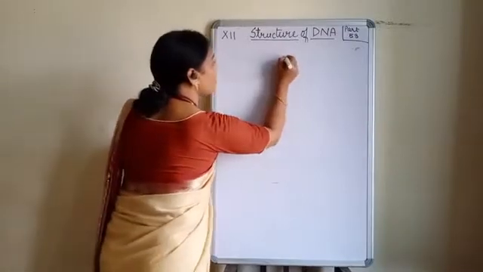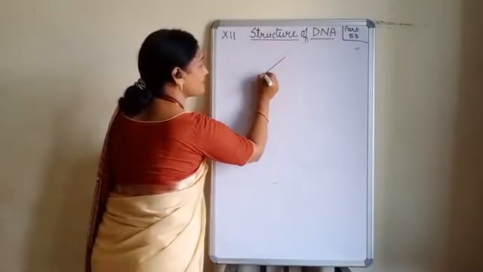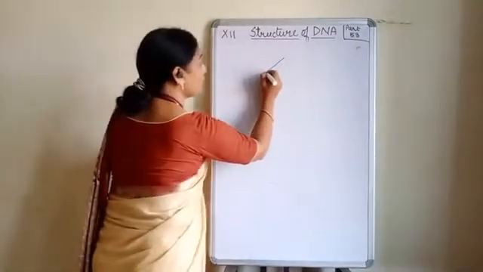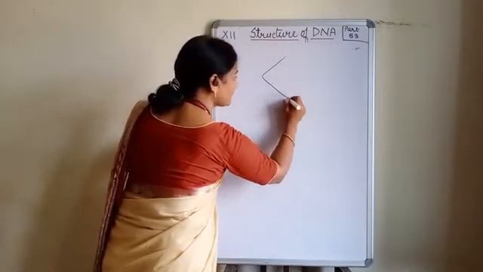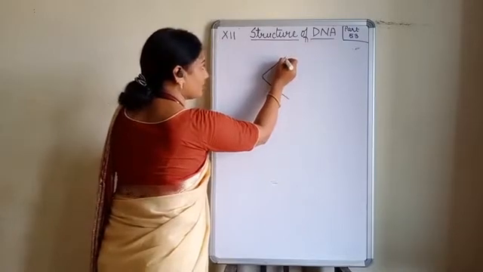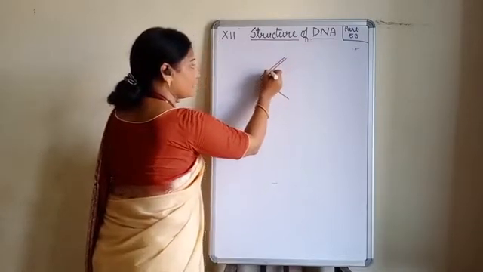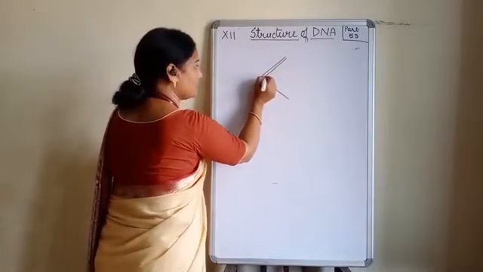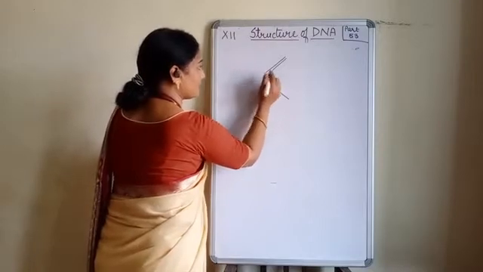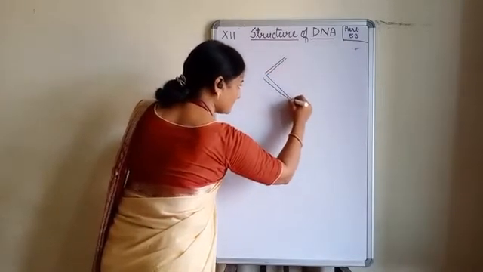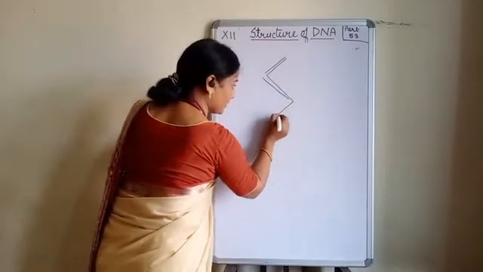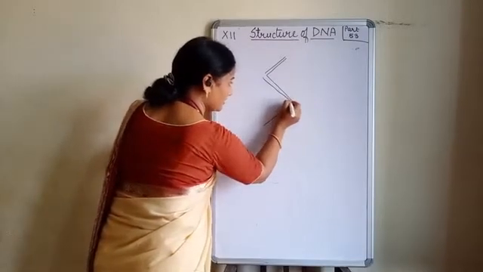Now, suppose if I draw, this is the chain of a polynucleotide. Like this. This is the complete structure. Okay, I am drawing it.